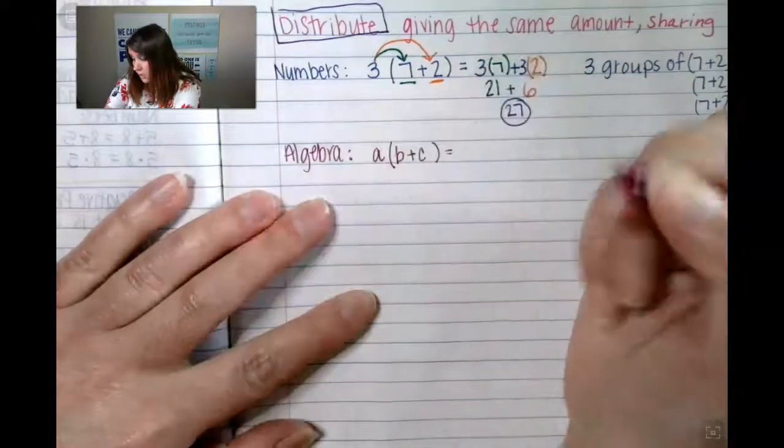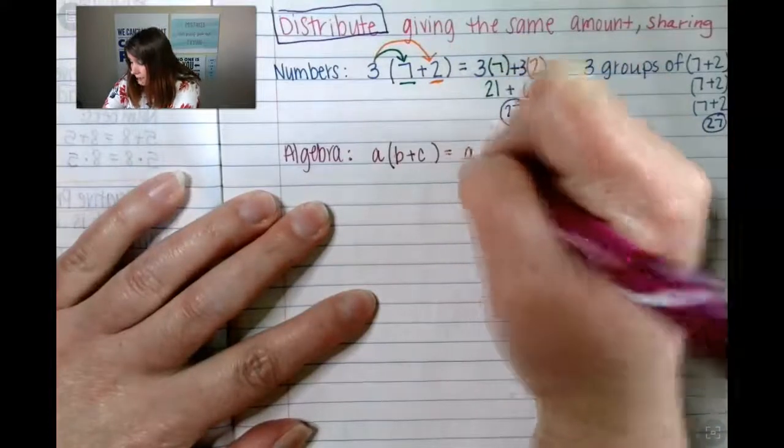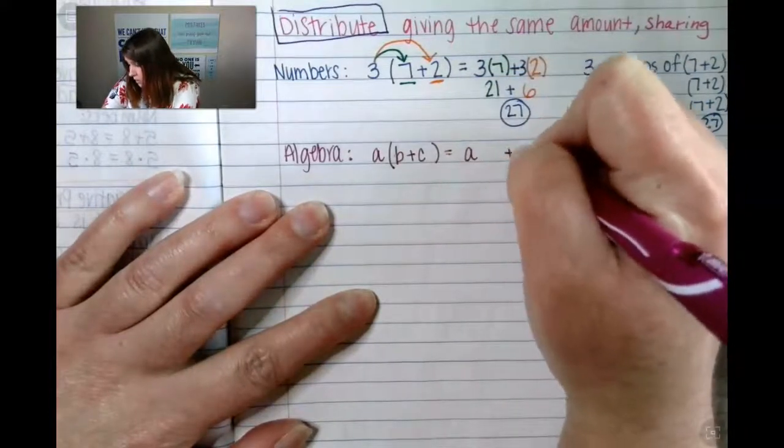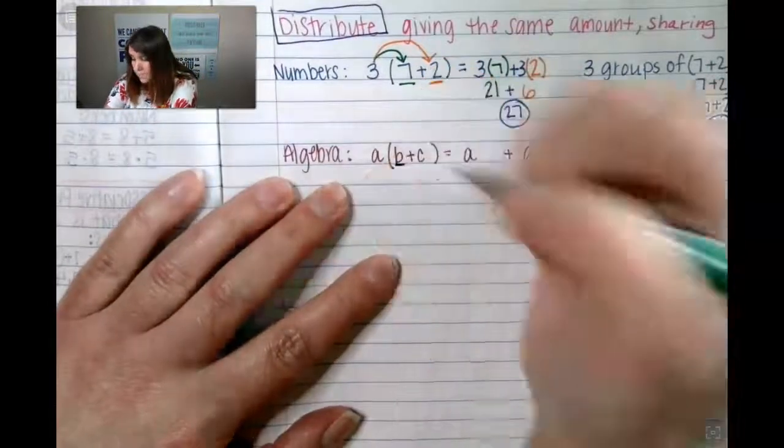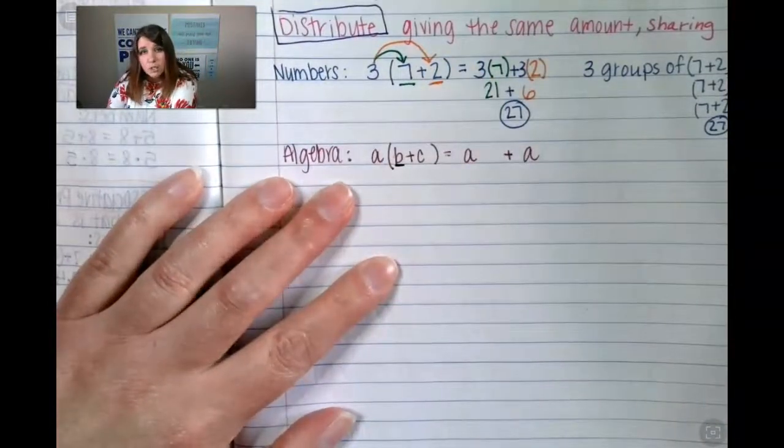Let's do some sharing. So we know we're going to have an A that's going to be shared. It has to be shared with the B first.